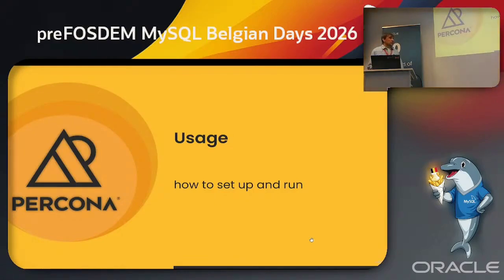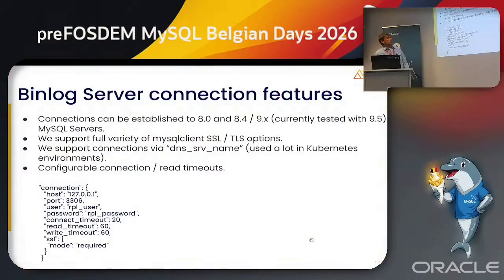Let me now describe a little how this could be done from the user perspective. Binlog server is currently just a utility with one configuration file in JSON format with several sections.